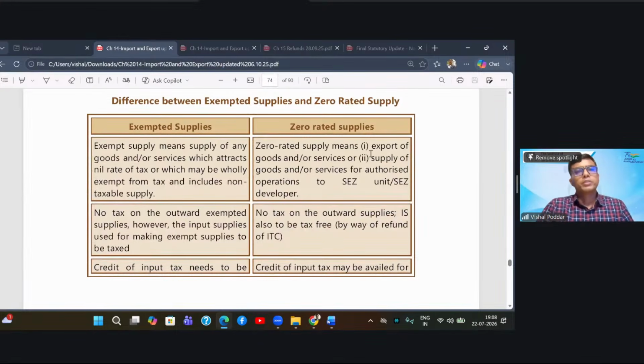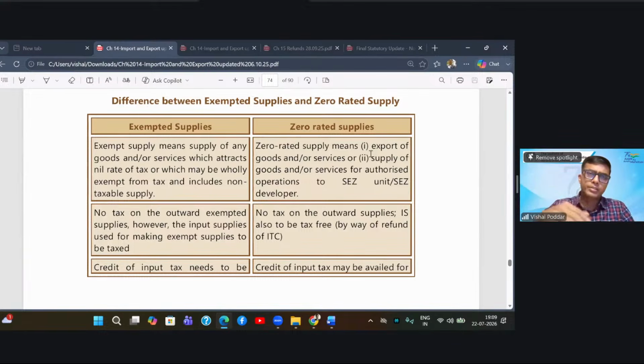Now, many times I have found students mixing up between exempt supplies and zero rated supplies, because you'll say, sir, zero rate means there is no tax and hence zero rate is also exempt. Let me first tell you, zero rate does not mean the tax is zero. Zero rate, as we saw above, covers two supplies. One is export, one is SEZ.